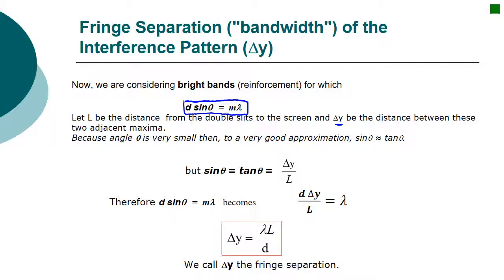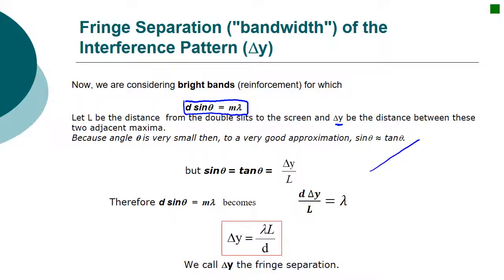We also know that because angle theta is very small, to a very good approximation sine theta is equal to tan theta. So if we've got our previous formula, we can put that into 1. So instead of sine theta, we've got tan theta, which is equal to delta y, or the fringe separation.